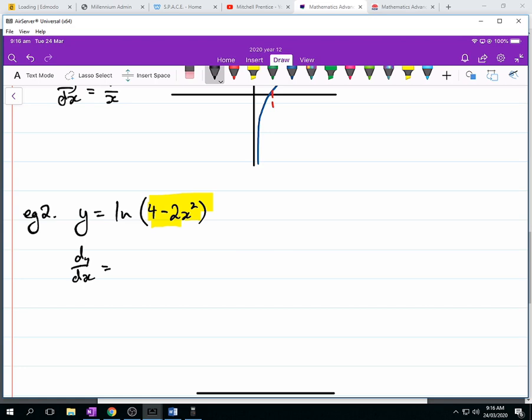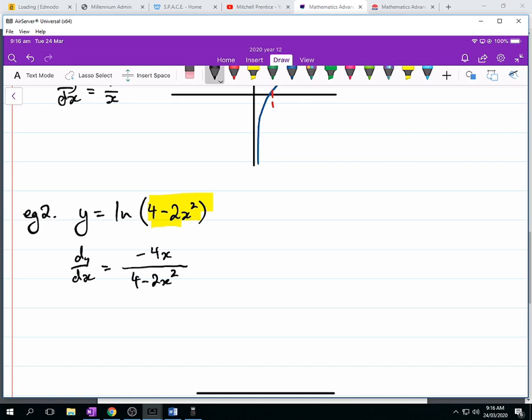in the denominator it's 4 minus 2x squared, and in the numerator is the derivative of this, which is, as we can see, the derivative of this is nothing, and the 2 is going to come forward to negative 4x. So this is negative 4x over negative 2x squared.